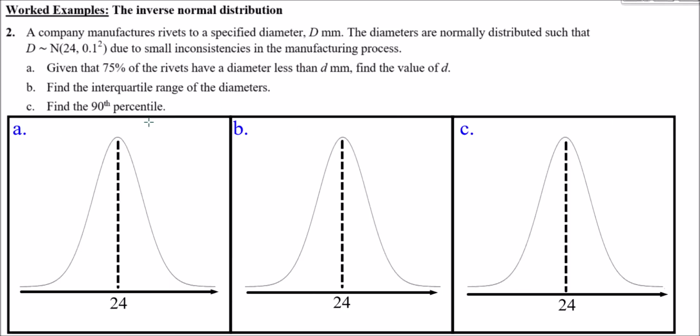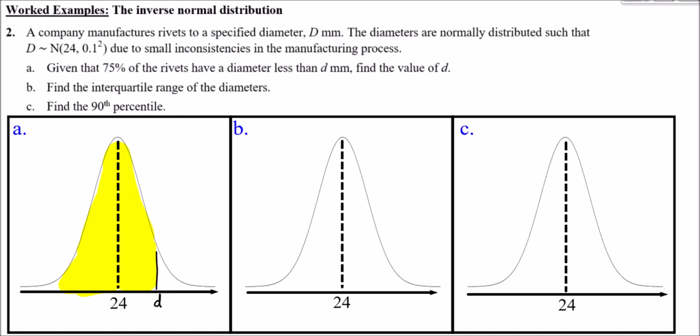First of all, given that 75% of the rivets have a diameter less than D, find the value of D. What it's saying here is there's D, and all of the stuff on the left-hand side of D, all of this bit of the curve, should come to 75%.